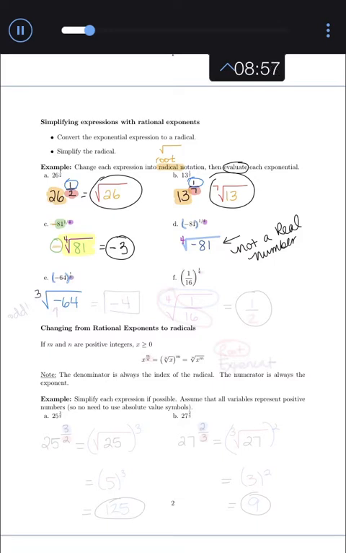So this is asking what number, either cubed or multiplied by itself 3 times, will give us negative 64. This is okay to have the negative on the inside because it's an odd root. So what number multiplied by itself 3 times gives us negative 64? Well, that's a negative 4.